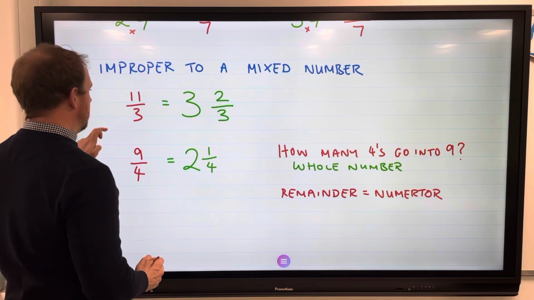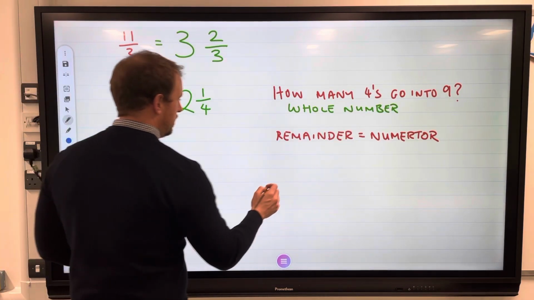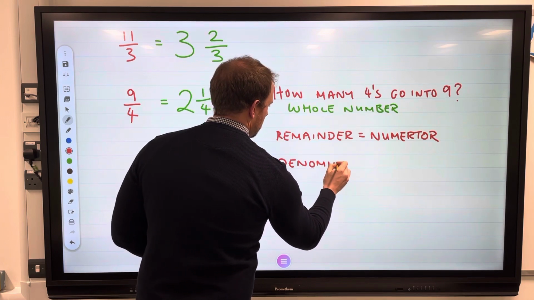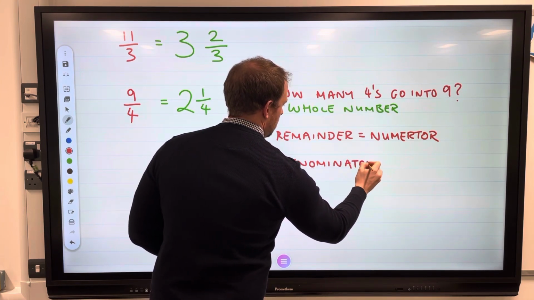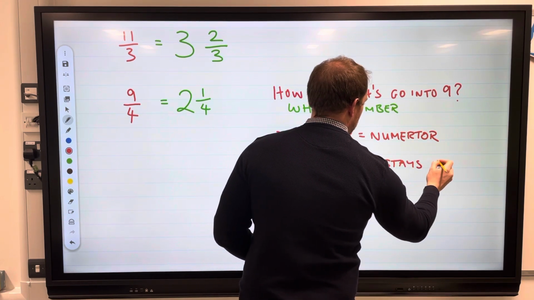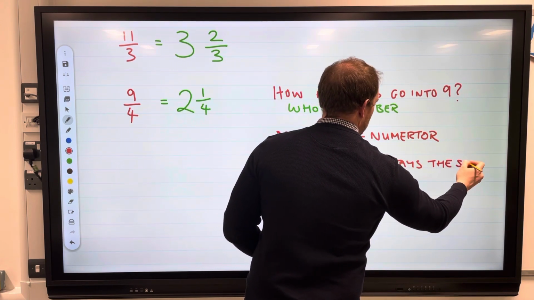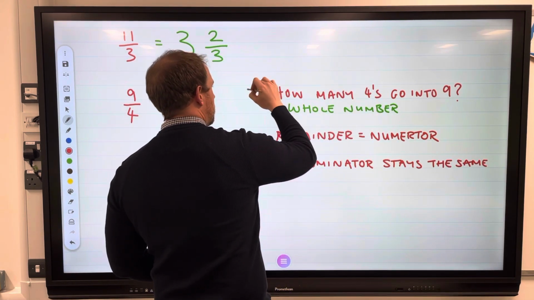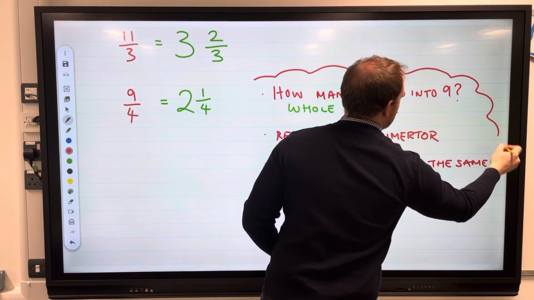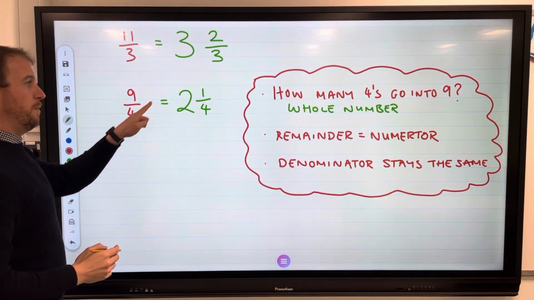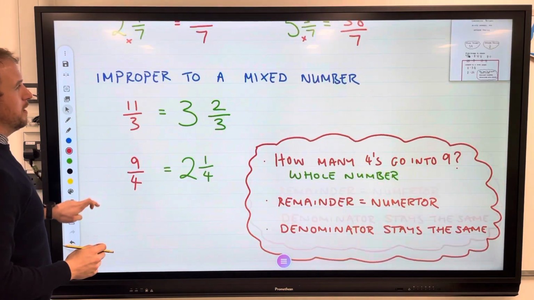And don't forget that your denominator stays the same. 1, 2, 3. So there are your notes for converting from an improper fraction to a mixed number.